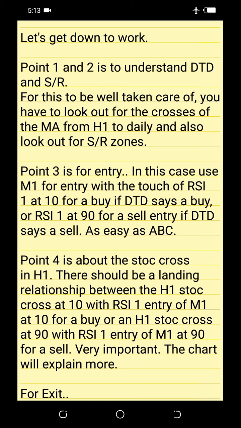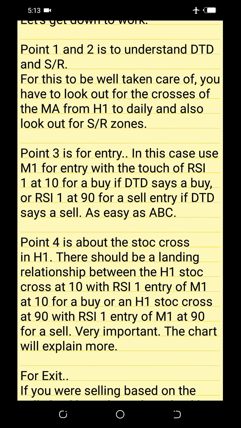I told you earlier that it is critical. So now look at what point 4 is saying. Point 4 is about the stock crossing in H1. Listen, this is the crux of it. Now for those of you who like to scalp, this is the advantage. There should be a landing relationship between the H1 stock cross at 10.